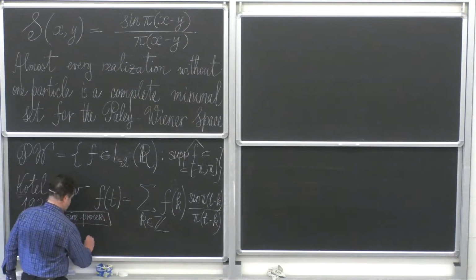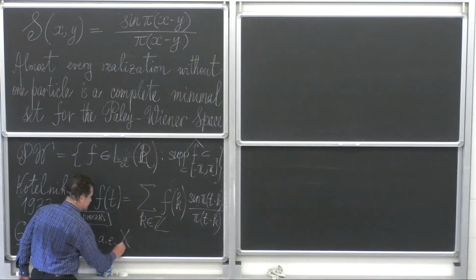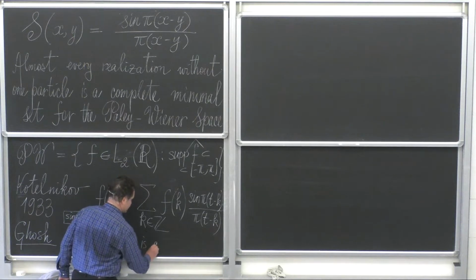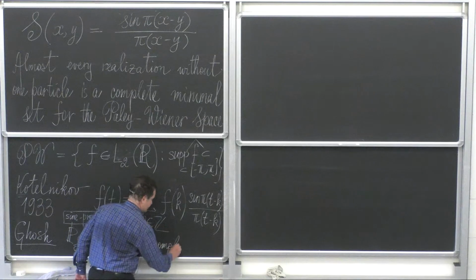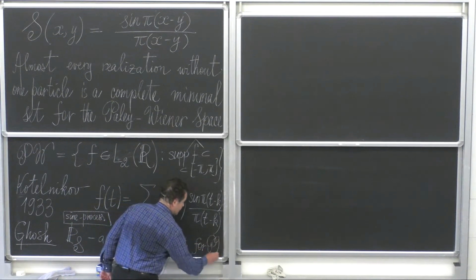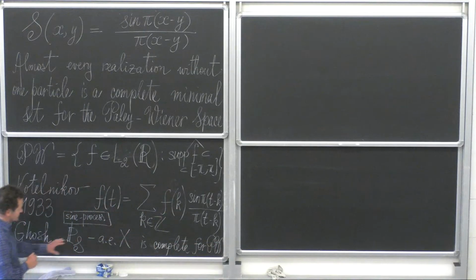So almost every configuration is complete for the Paley-Wiener space. This is a very beautiful theorem of Ghosh. In fact, it holds in much greater generality. Such a result is true for all determinantal point processes governed by projections, and I will say a few words about this later.